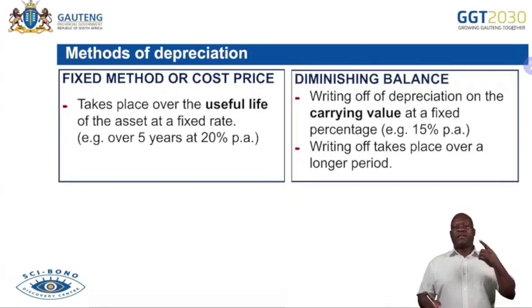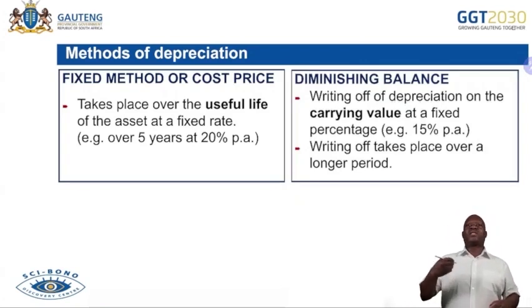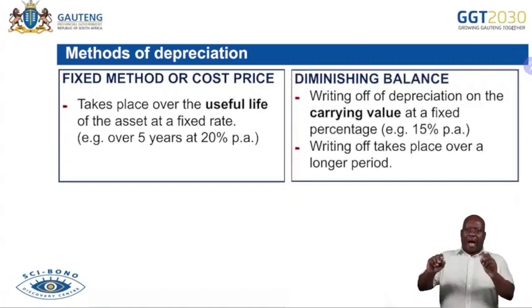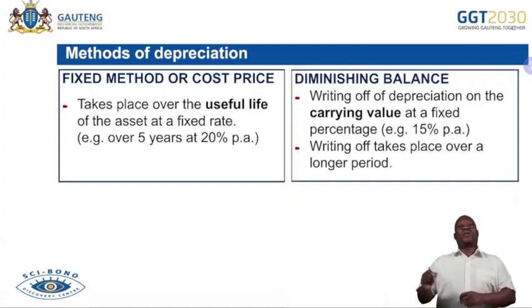We are always given the cost and the accumulated depreciation. So what do we need to do? Cost minus accumulated depreciation to find the carrying value. After having the carrying value, we can use it to calculate depreciation. That's the part that you don't like. I don't know why, but it's an easy thing to do.